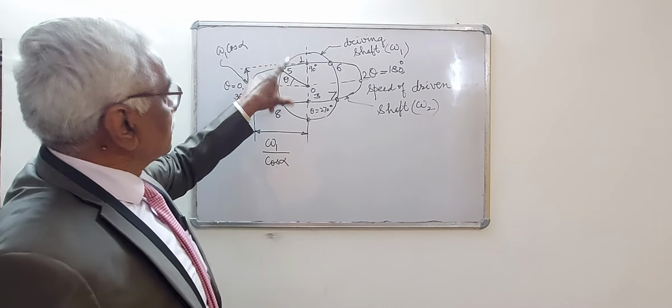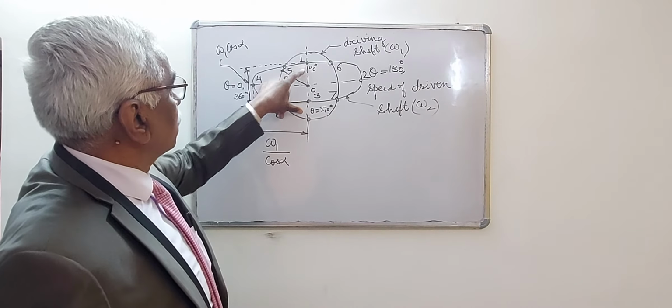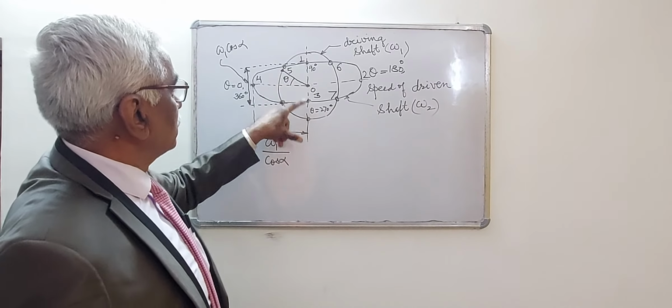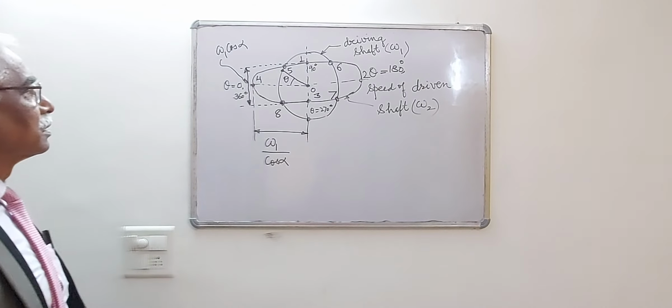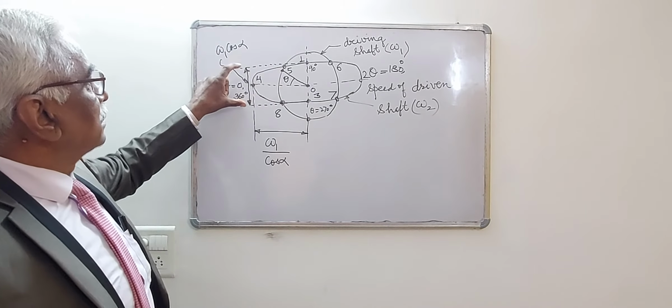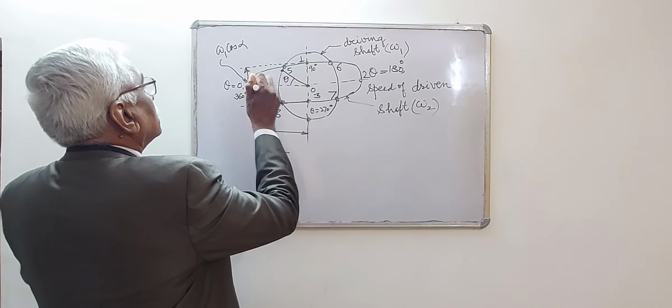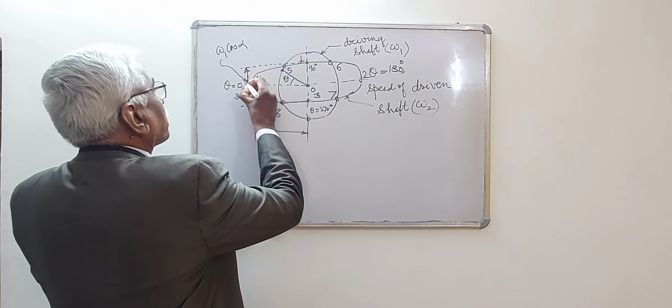From the figure it is also clear that at these 2 points, point number 1 and point number 3, the speed of the driven shaft is minimum. The minimum value is given by this.